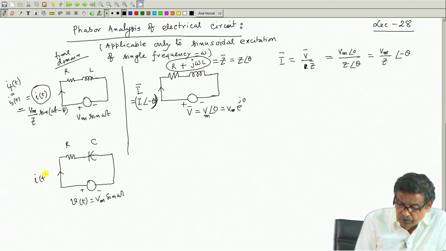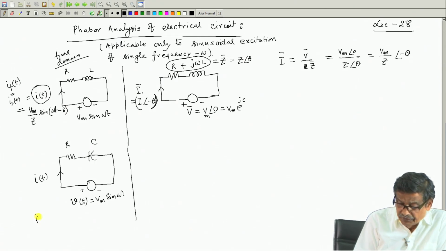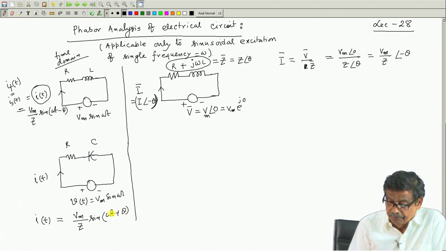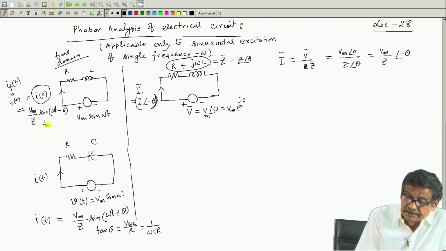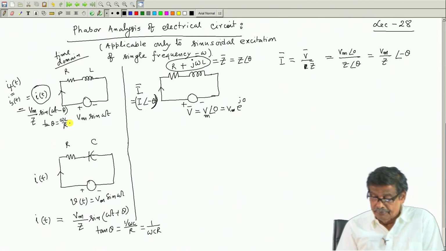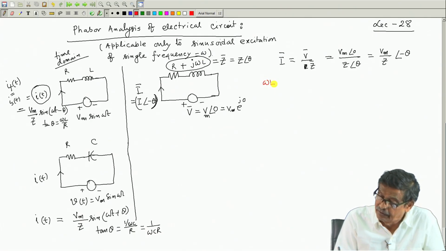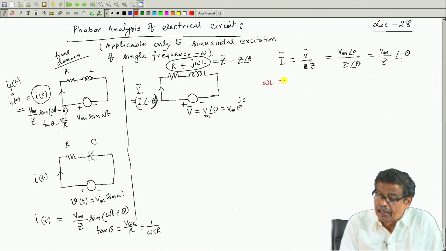Here also there will be some time domain current if you apply such a voltage, and in time domain we have solved this earlier, and the solution for the current was shown to be V m by Z into sine of omega t plus theta, where tan theta is equal to 1 over omega C R. Similarly, here tan theta was omega L by R. This omega L, its dimension should be ohm, because after all current is amperes, voltage is in volts.